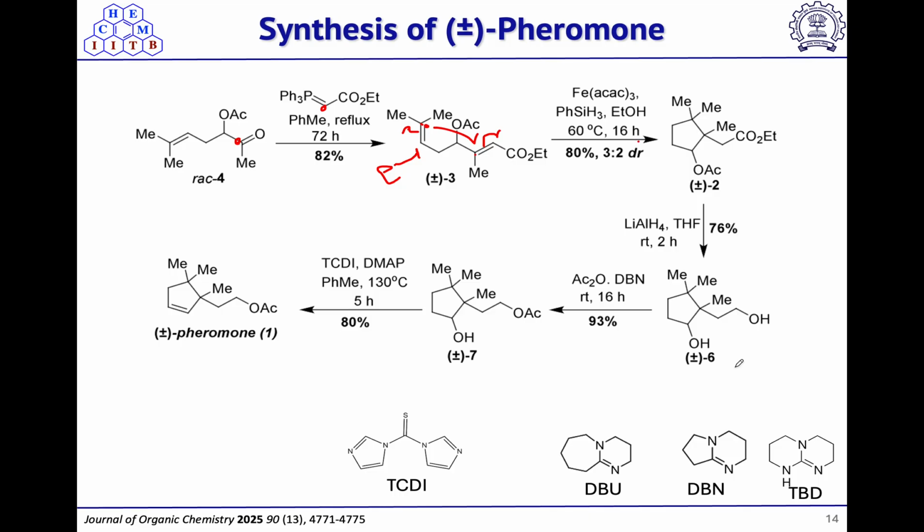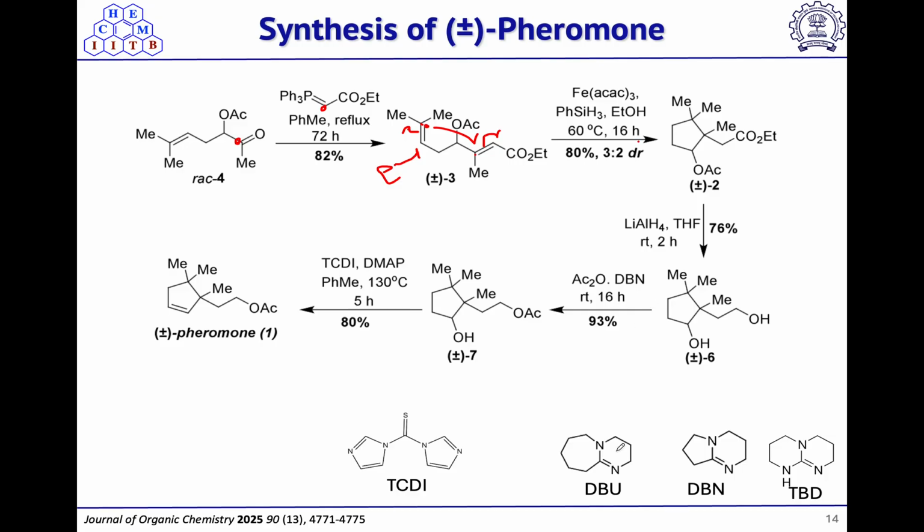Any doubt up to this? After getting this alcohol, we are treating this compound 6 with acetic anhydride and DBN.